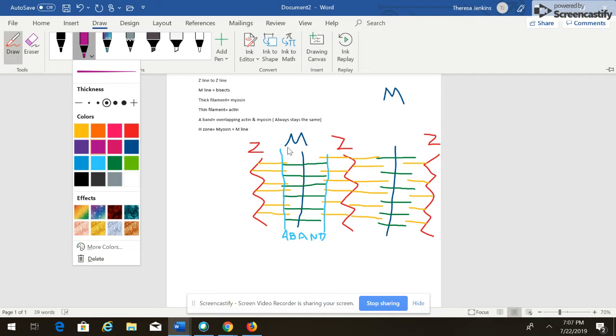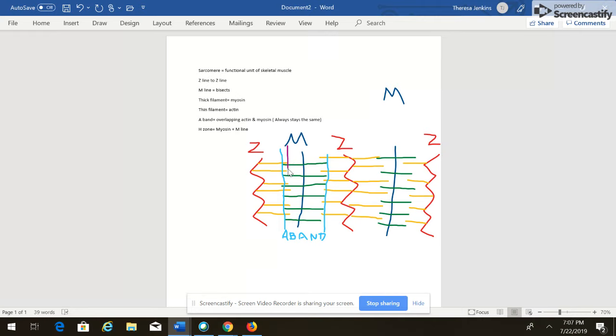The H zone essentially starts at the end of the actin filament because it's only going to contain, I know that's not a straight line, but let's pretend it is, the myosin filaments and the M line. So this is your H zone right in here.